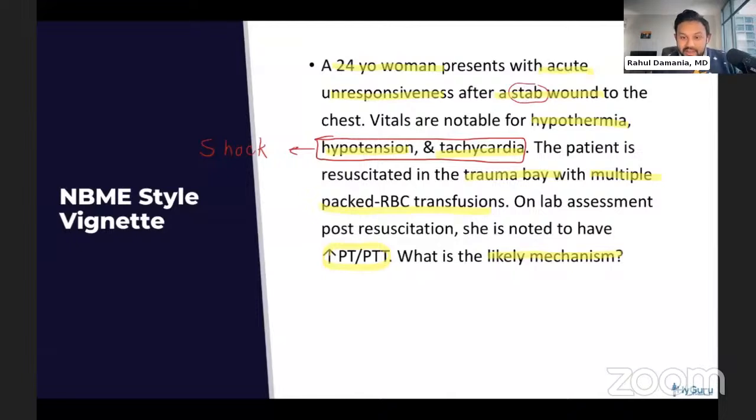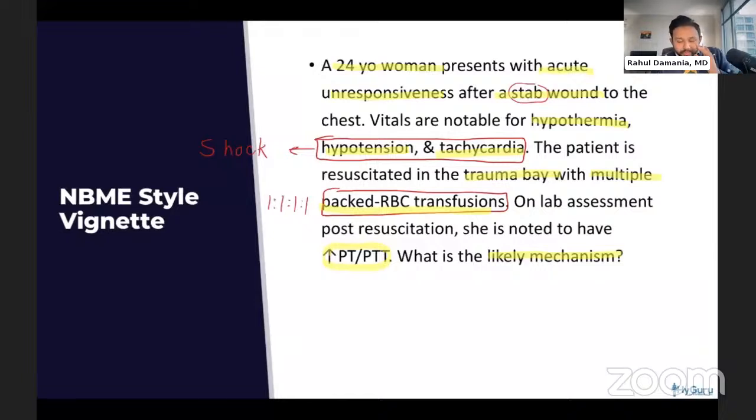You can extrapolate there. But recall that in hemorrhagic shock, you are going to get a lot of blood transfusions. Now, in the ideal scenario, you may get a balanced blood product transfusion where you are going to give 1-to-1 red blood cells, fresh frozen plasma, platelets, and cryo.